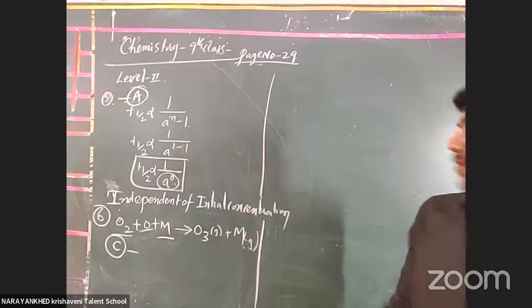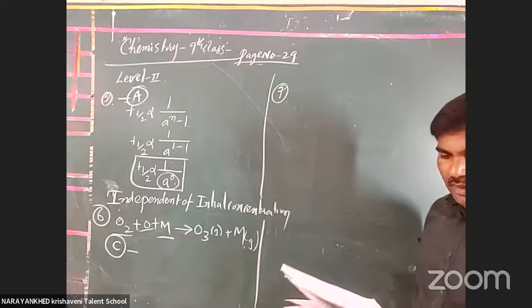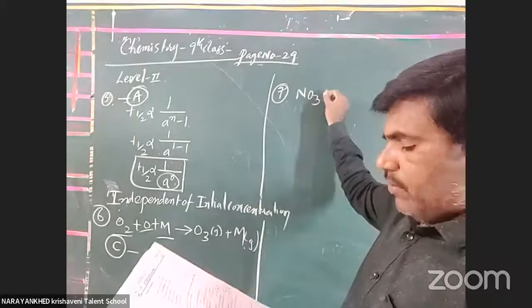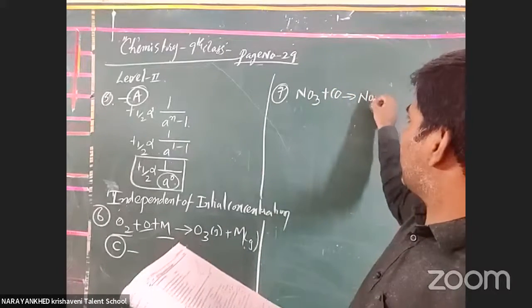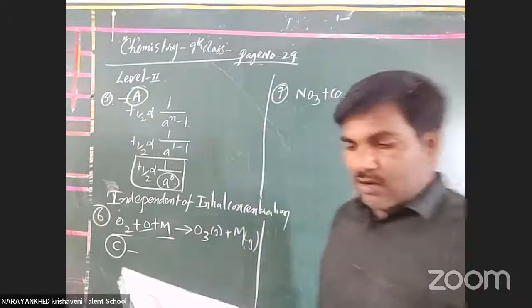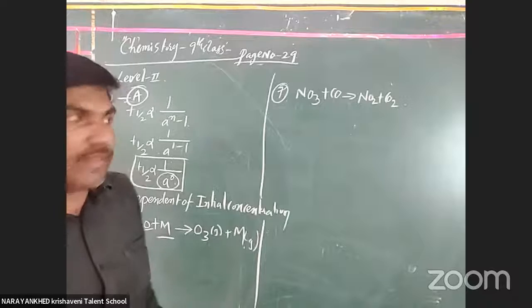Next, the seventh question. The given reaction is NO3 plus CO giving NO2 plus CO2. Clear or not, all the students? We require both the molecularity and the order.